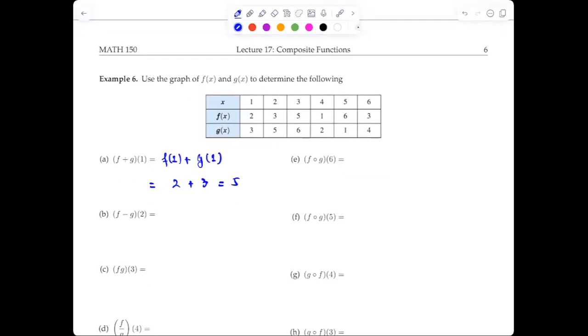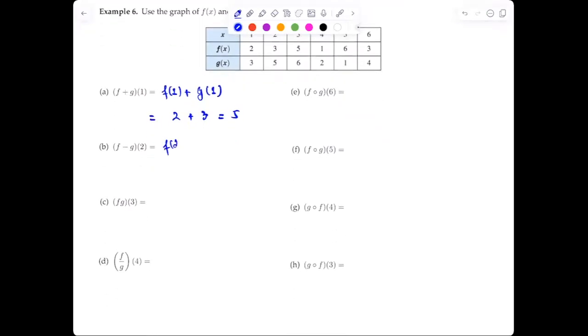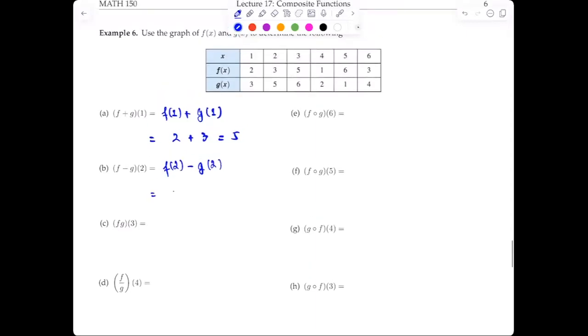So f minus g of 2, that is f of 2 minus g of 2, given that f of 2 is equal to 3, and g of 2 is 5. So 3 minus 5 is negative 2. f times g of 3, that is f of 3 times g of 3, given that f of 3 is 5 and g of 3 is 6. 5 times 6 gives you 30.